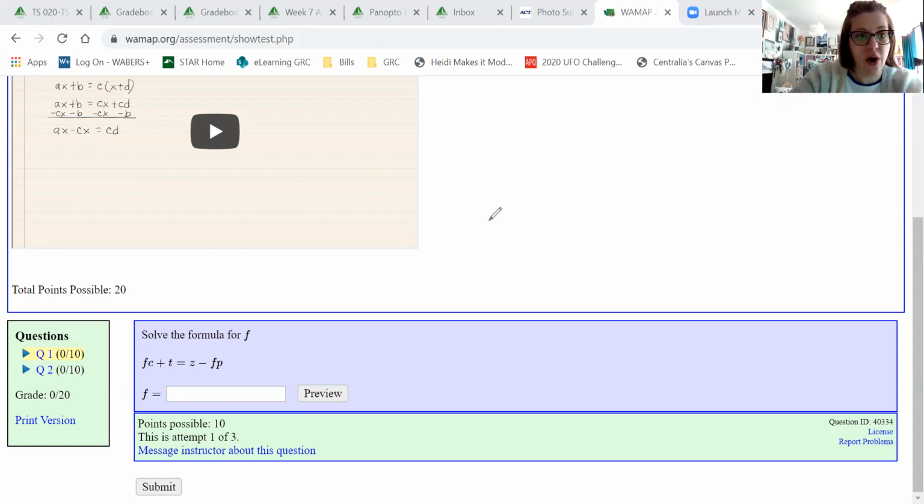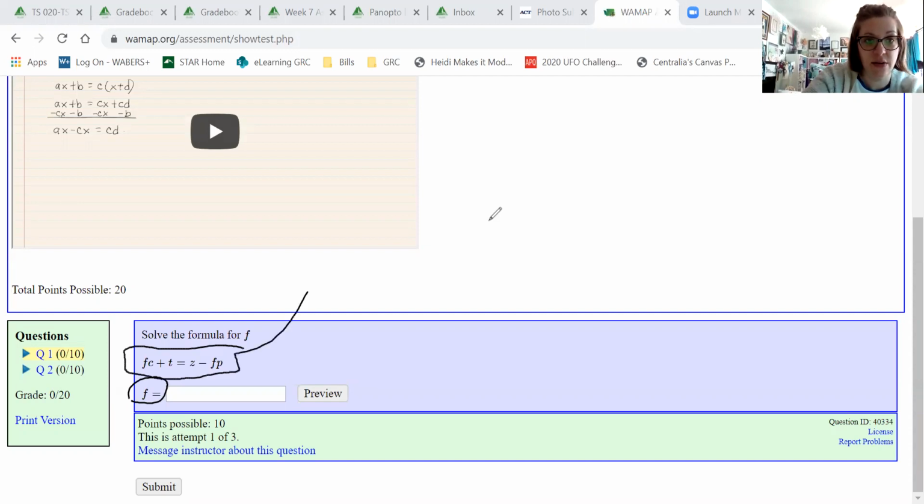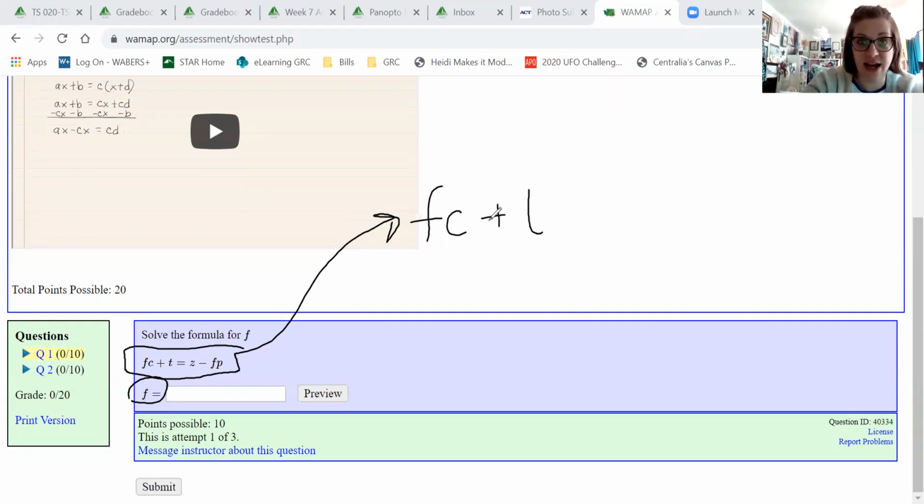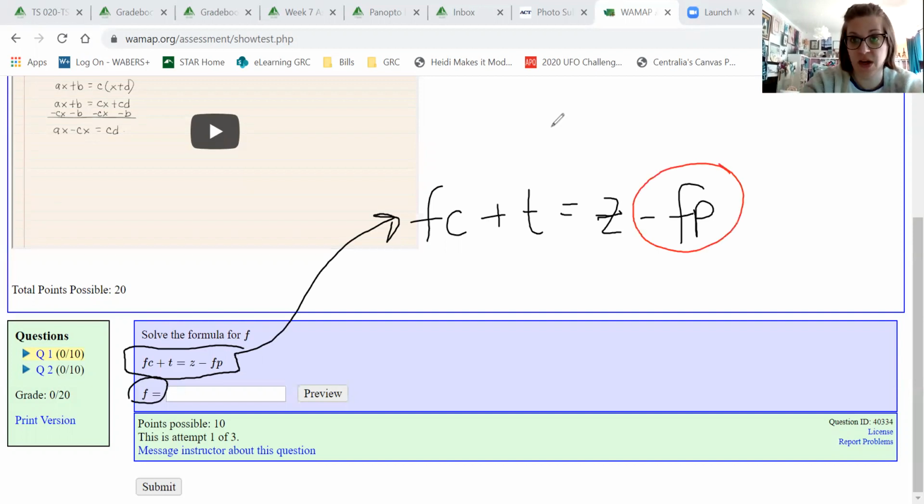Okay. So I am looking for F. I'm going to try to get everything with an F on one side of the equal sign and everything without an F on the other side. That's a Z. Okay, so this has an F, so I'm going to move him over there.